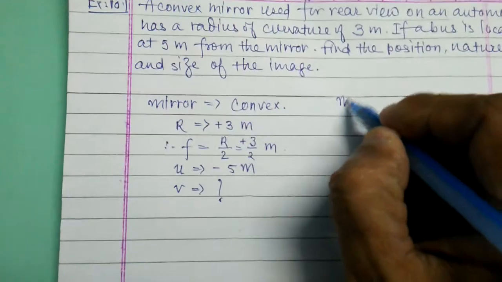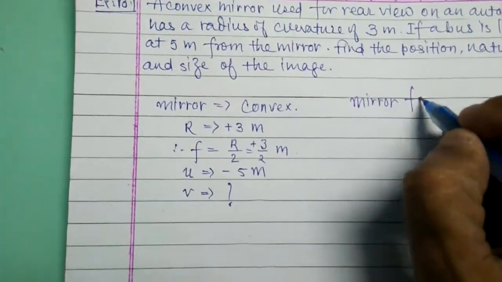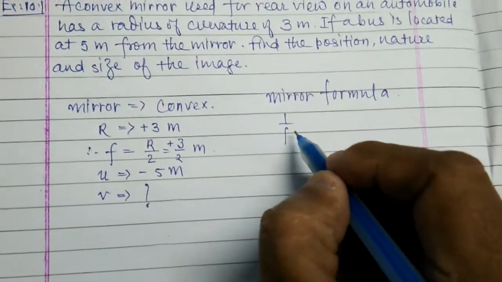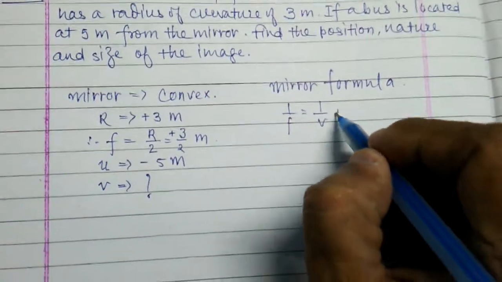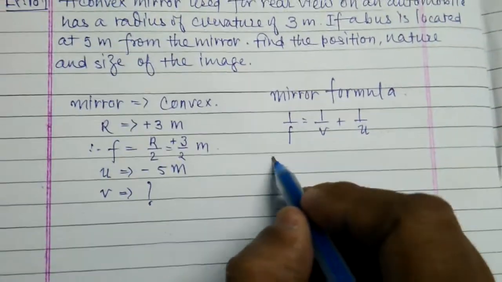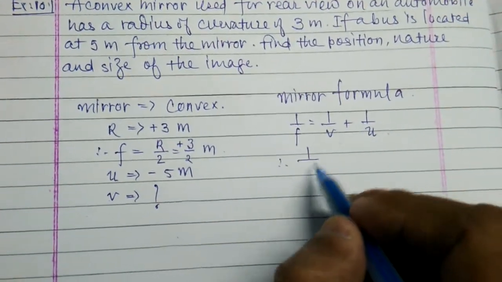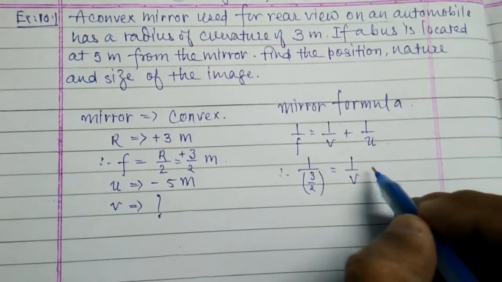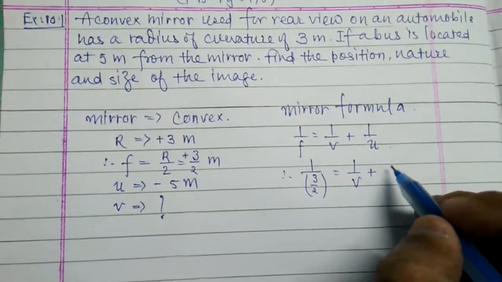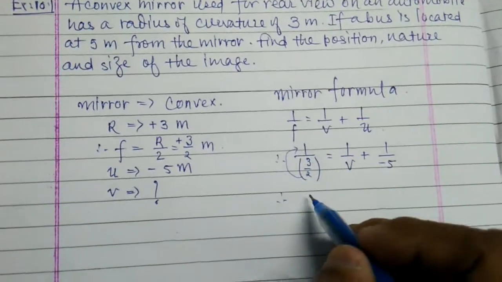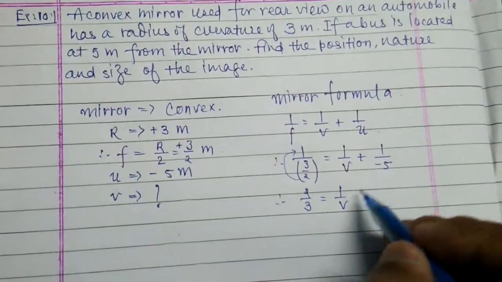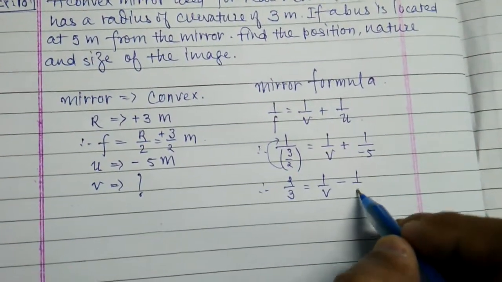Okay. Now we have the mirror formula. Mirror formula is 1 upon f is equal to 1 upon v plus 1 upon u. Therefore 1 upon f means 1 upon 3 by 2, 1 upon v we have to find, and u is minus 5, so 1 upon minus 5. The 2 is going up, 2 upon 3 is equal to 1 upon v plus into minus 1 upon 5.